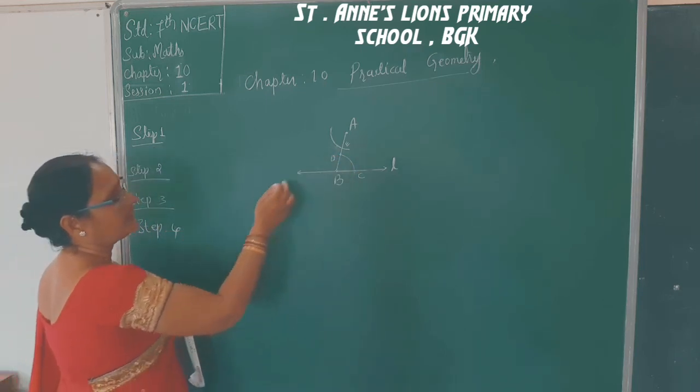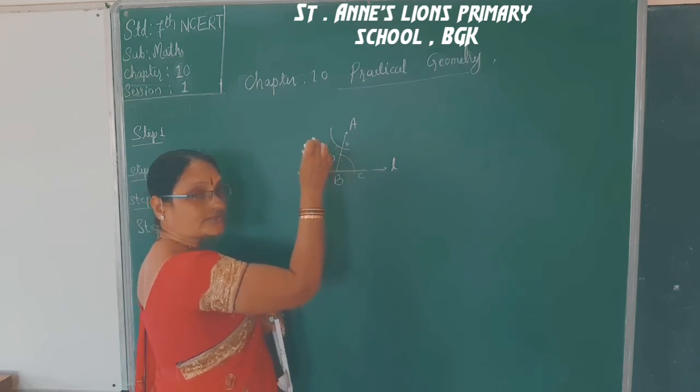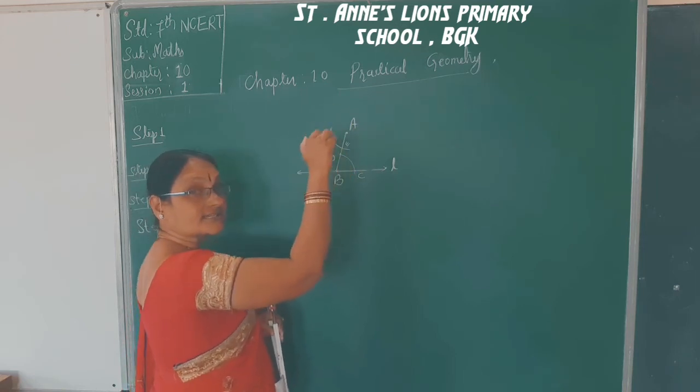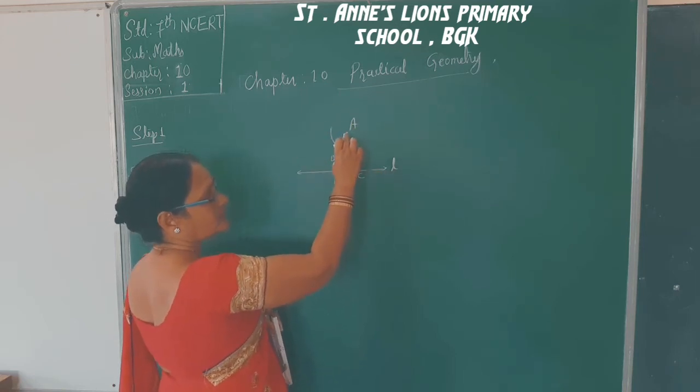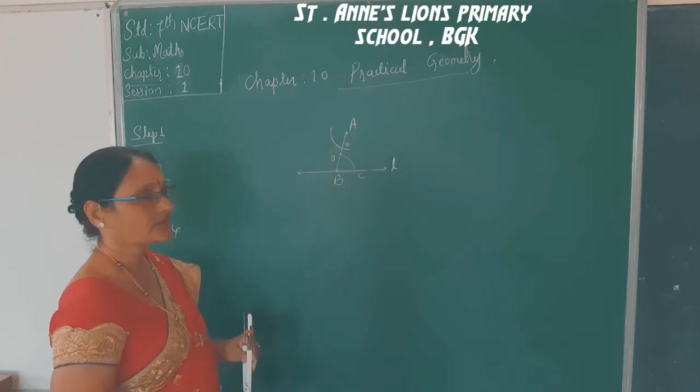Next, fourth step, with the same radius. What radius? Convenient radius we have taken now. With the same radius, A as the center, draw an arc such that it has to cut AB at point E. I hope you understood.